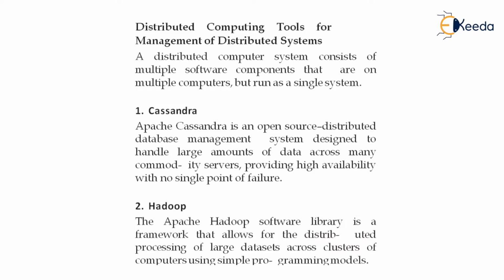Cassandra's support for replicating across multiple data centers is best in class, providing lower latency for users, and tables may be created, dropped, and altered at runtime without blocking updates and queries.